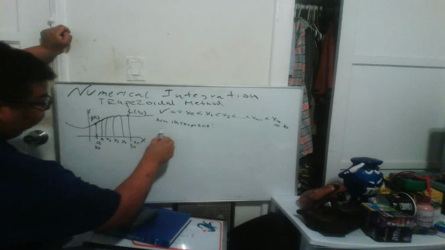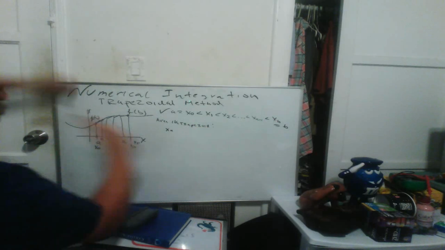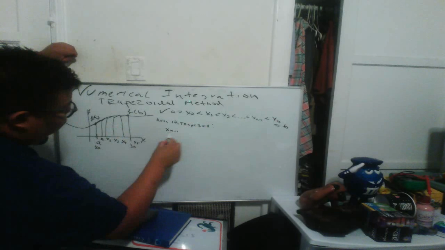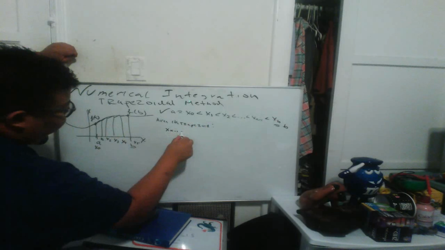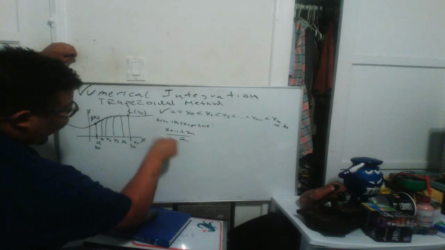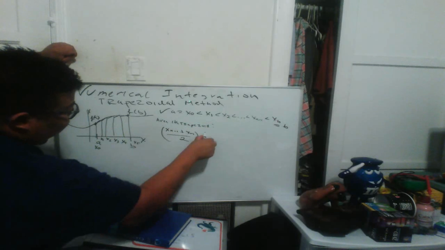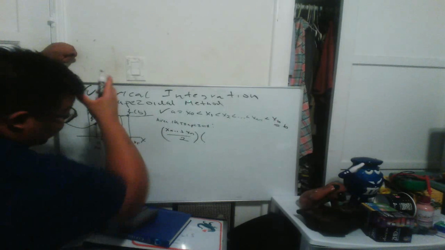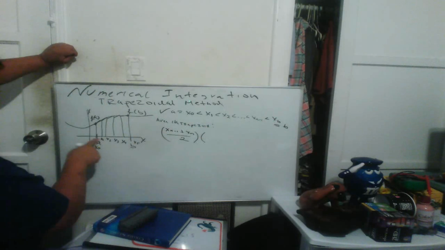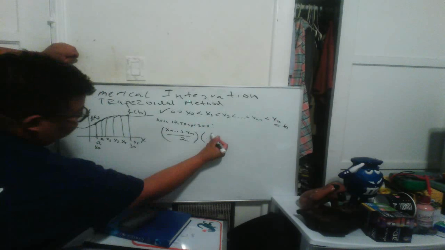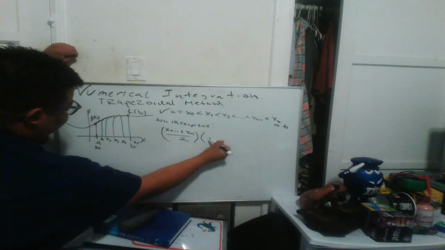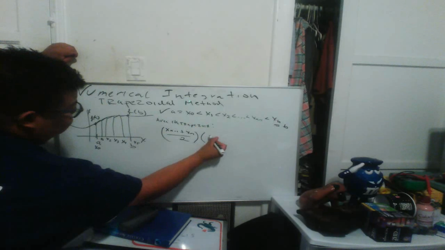We're going to have x of i minus 1 plus x of i over 2, times the width of the trapezoid, which is delta x.